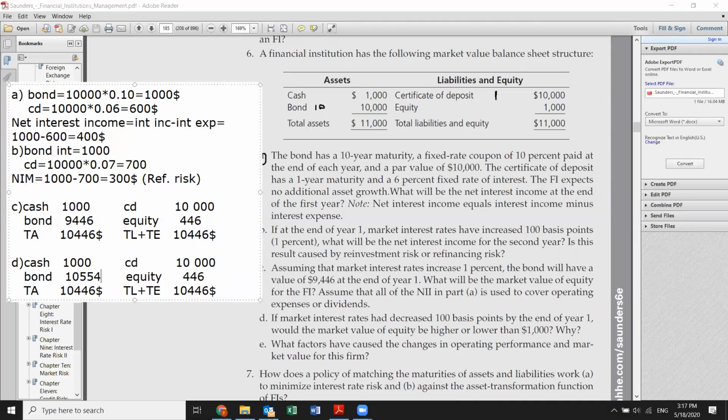Yes, true. So our new total asset will be equal to 11,554. And by how much will our equity increase? By 554. So our equity will be $554.